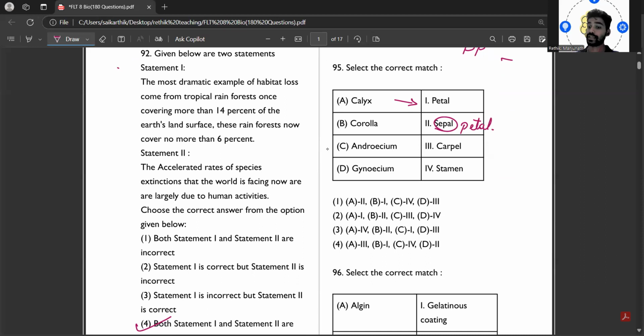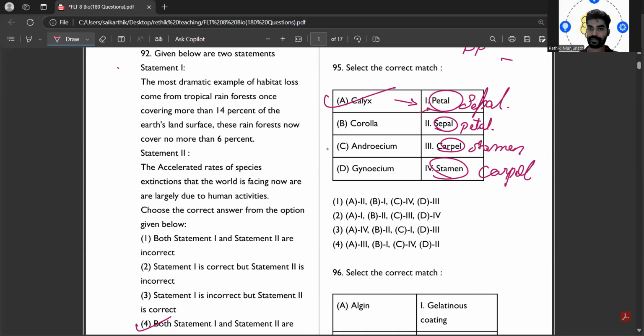Then androecium is stamen, and gynoecium is carpel. So which is the correct match? Calyx belongs to the sepal.